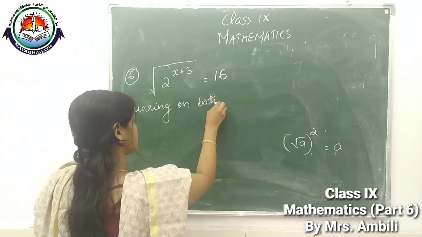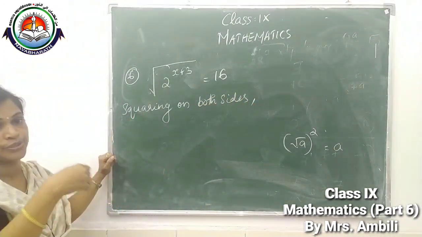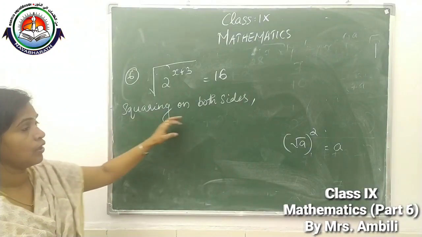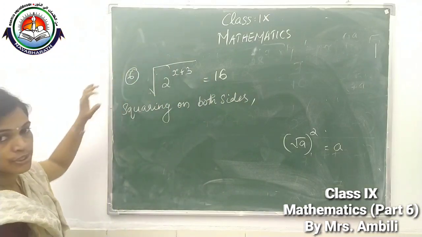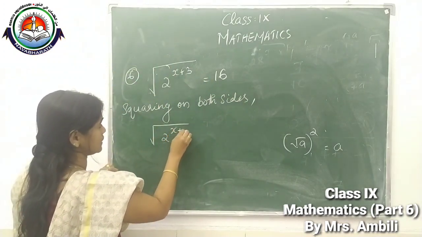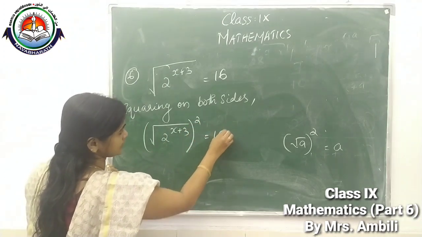If we square one side, you need to square the other side, that is the RHS also. So, squaring on both sides, what we will get? Root of 2 raised to x plus 3, whole square, equals 16 square.